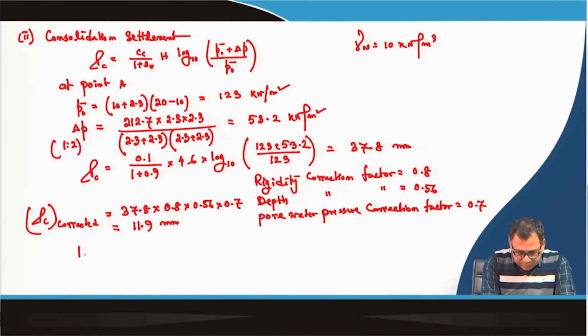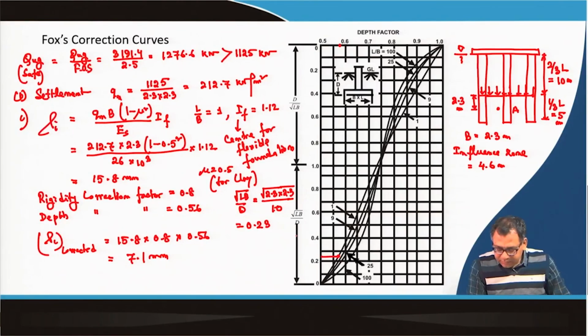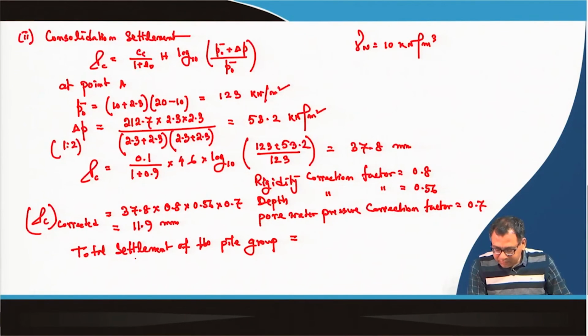So, the total settlement of the pile group will be equal to the immediate settlement, which was 7.1, plus 11.9, which is equal to 19 millimeter.